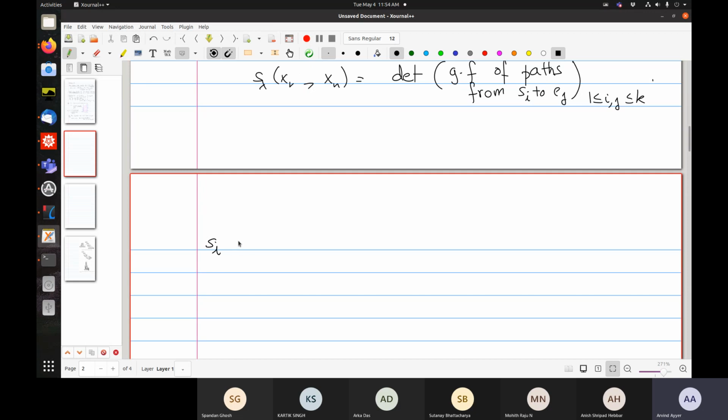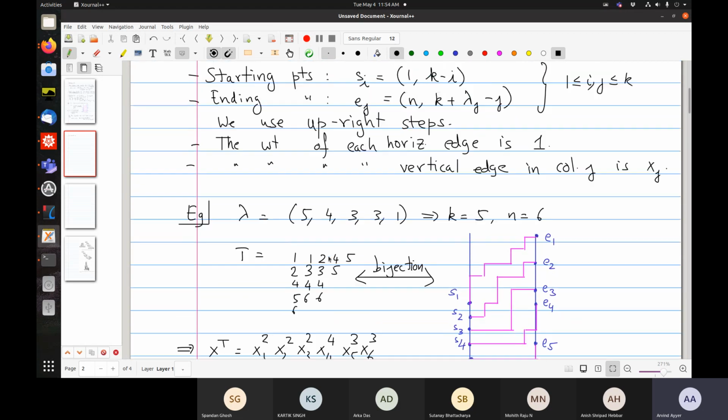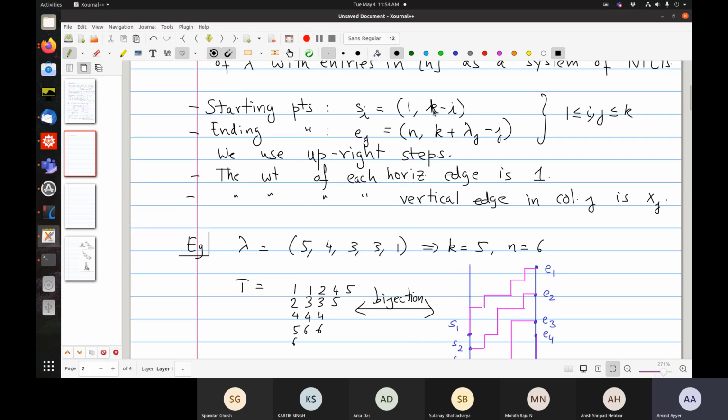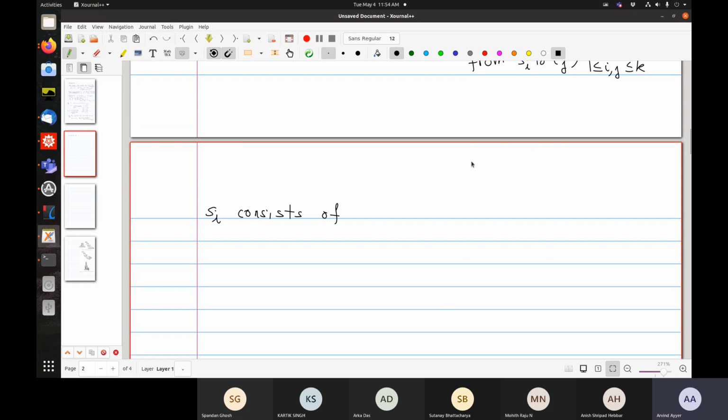How many up steps? You start at k minus i, you end at k plus lambda j minus j. So you have the difference of the two, so you get lambda j minus j plus i up steps.